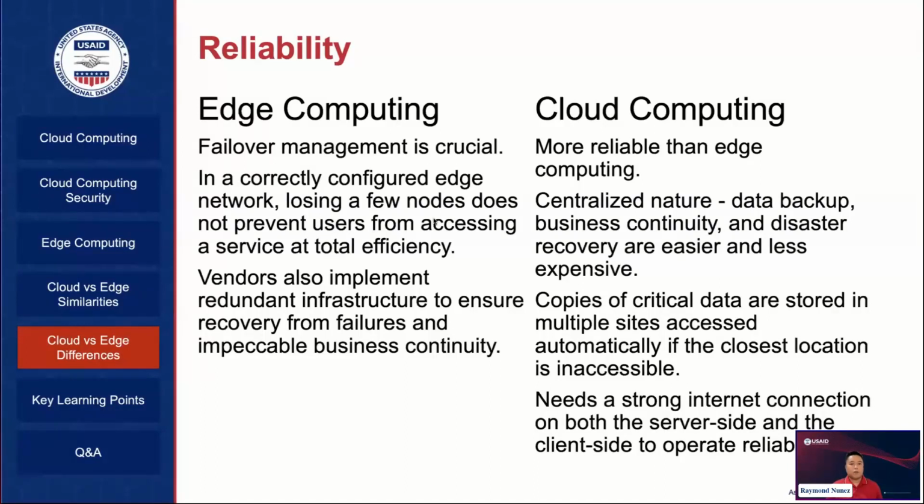The batteries and the power, you have to take that into consideration. That's the responsibility of the team that deployed and manages it. With cloud computing, at least under the shared responsibility model, it is the responsibility of the cloud provider.